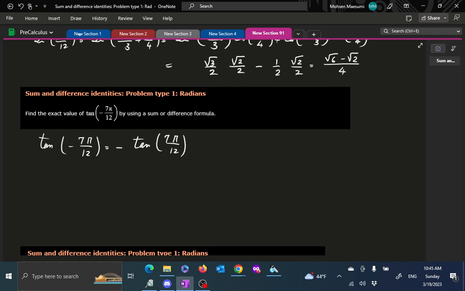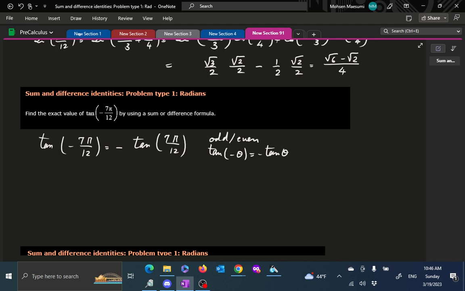This one you might remember from odd even identities. Odd even identities told us tangent of minus theta is minus tangent of theta. Odd even identities fall in the more general category of reflection identities.